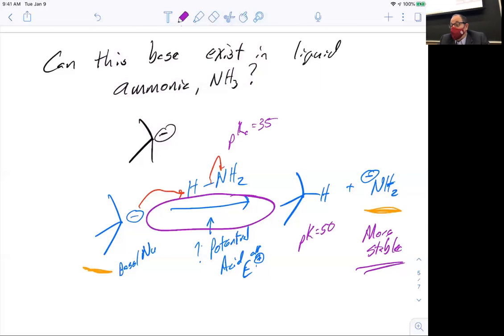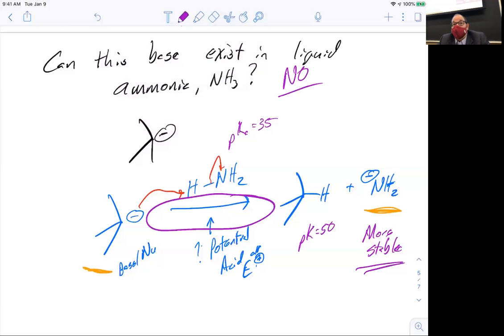You could have compared the conjugate acid to the relative pKa of that, knowing that the sp3 nitrogen is more acidic than the sp3 carbon. All right, so that's going to go forward. So the answer here is no. That base cannot exist in liquid ammonia.